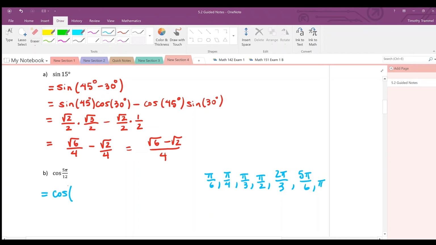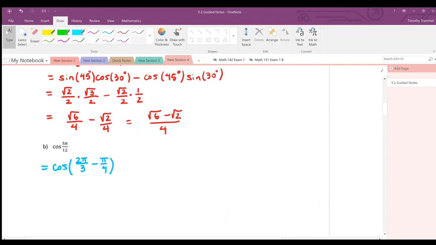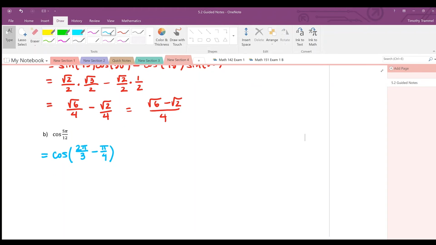All right. One good option is we could take 2 pi over 3 and subtract pi over 4. Let's get rid of our list here. We don't need this anymore. Okay. And let's just verify that this actually works, right? We have 2 pi over 3 minus pi over 4. And if we get a common denominator of, let's say, 12, we'll multiply the first one by 4 in the numerator and denominator.